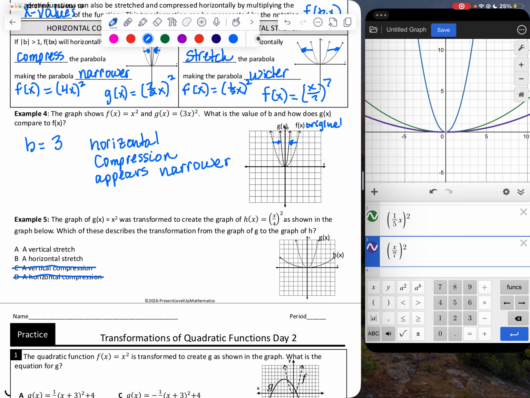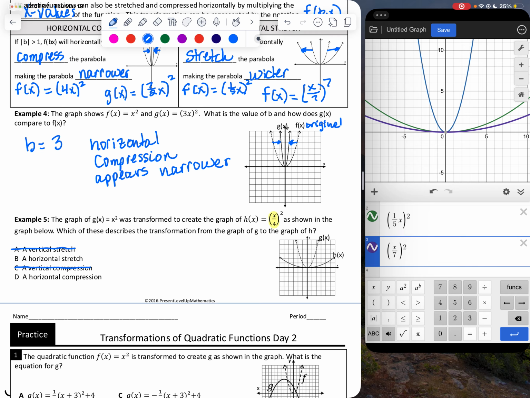Oh, goodness, excuse me, I marked out the wrong ones. So I want to get rid of the ones that say vertical. So it's got to be either a horizontal stretch or a horizontal compression.